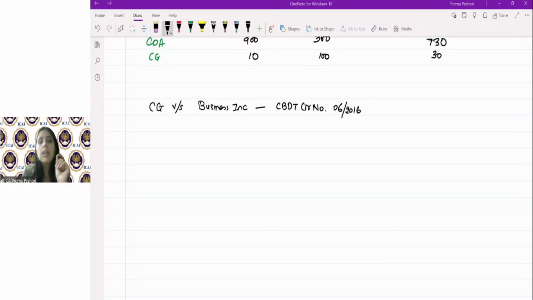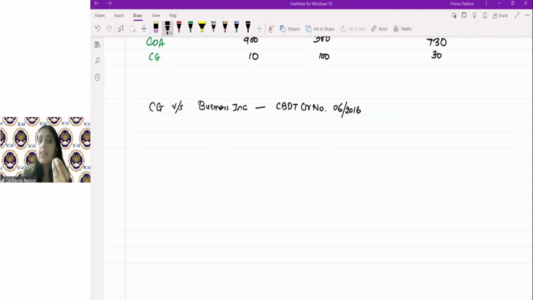But primarily in 2016, the CBDT clarified, as there were so many disputes, that where the assessee himself has treated the listed shares and securities as stock in trade, it will be treated as business income. Where the assessee himself is treating it as business income, it will be accepted.